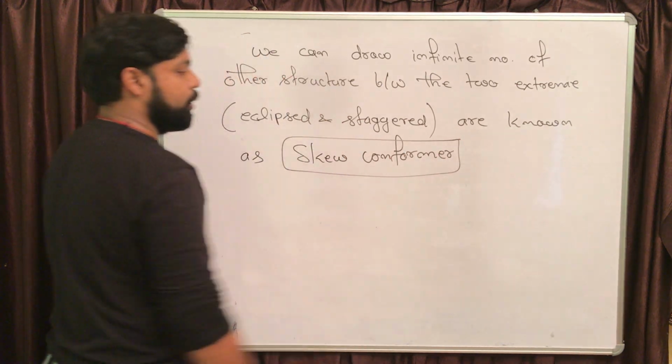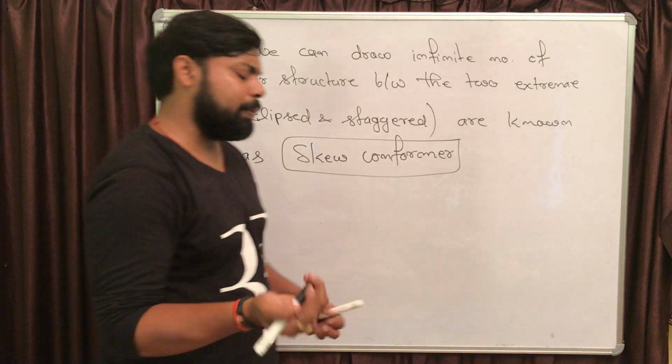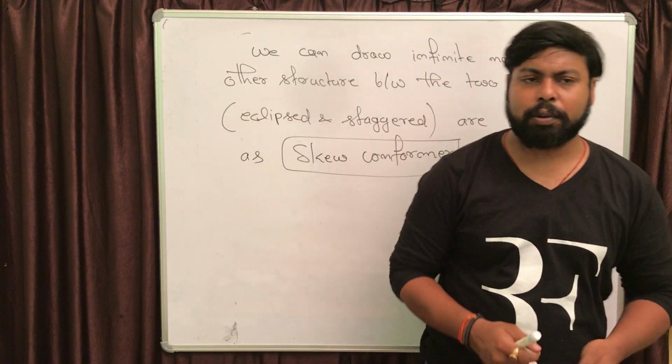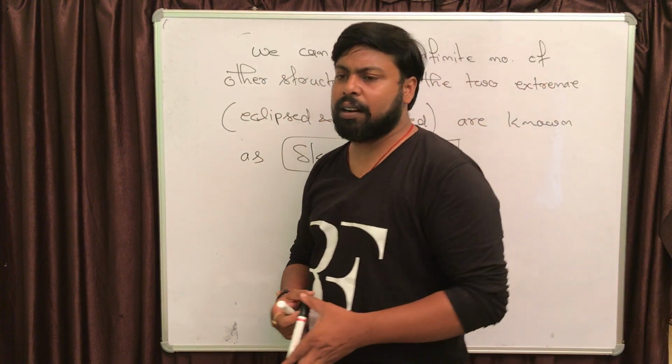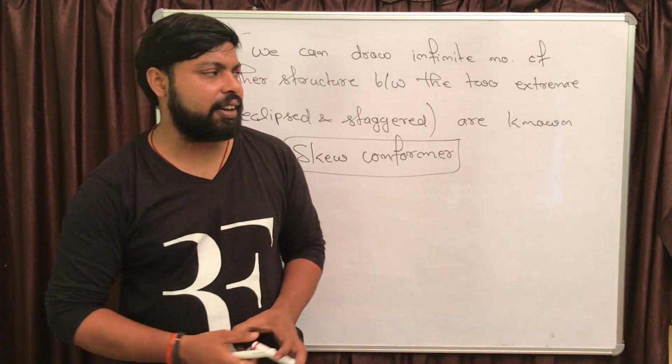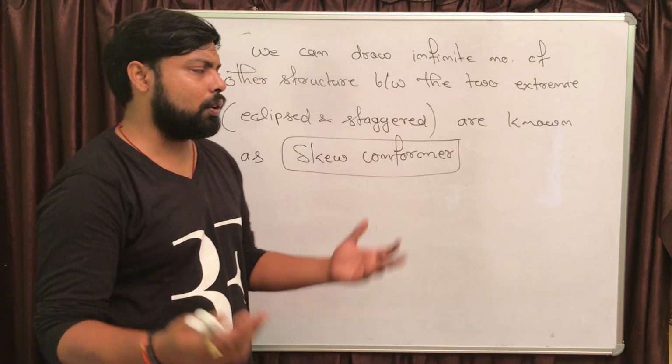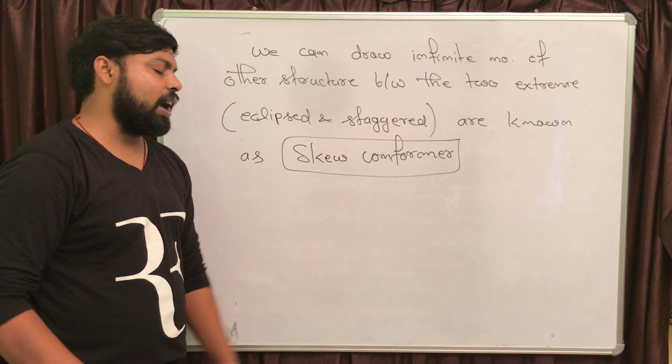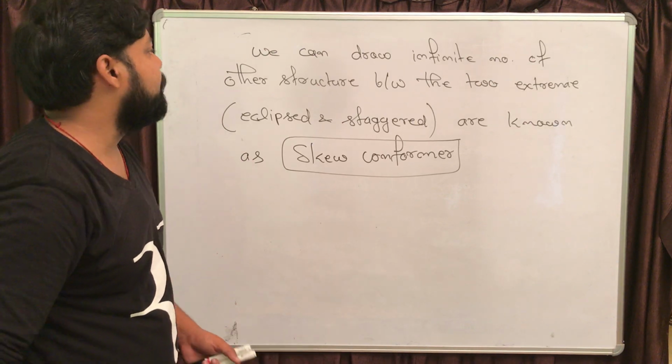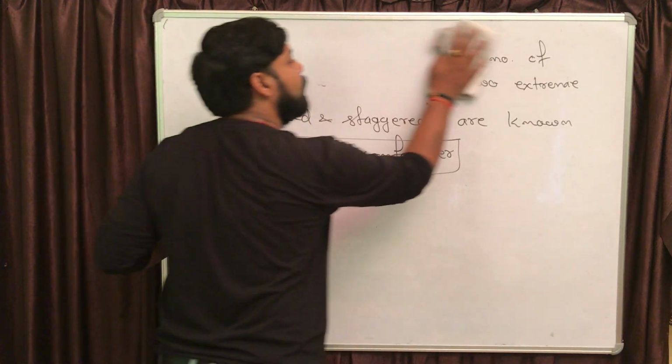This word you should remember, right? Sometimes it may be asked, what are skew conformers? If the dihedral angle lies between 0 to 60 degree, definitely that structure is also a conformer. That is known as skew conformer, right? I hope it is clear to you.